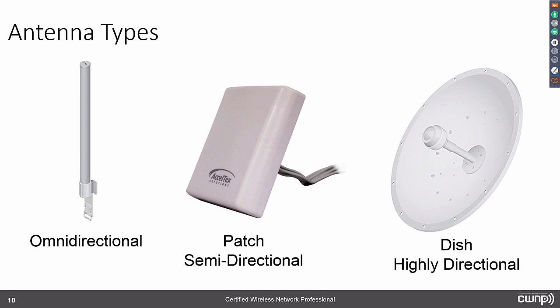So you gain both in transmission and reception, assuming you have equal gain on the remote end of the link. For example, if I'm using a parabolic dish like this at both ends of my bridge link and they're aimed well at each other, then I'm going to gain not only on the transmission but on the reception from the other side as well. The end result is that I can maintain a better, more stable link over greater distances with these highly directional types of antennas.